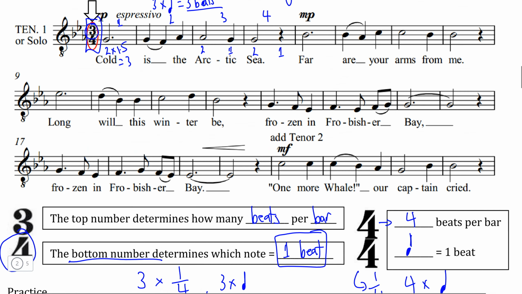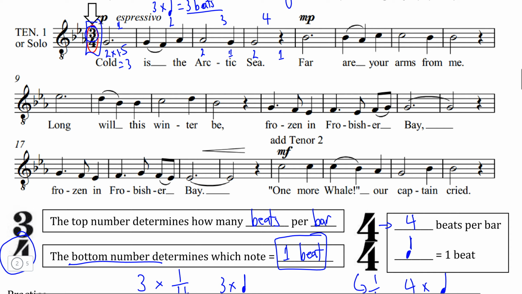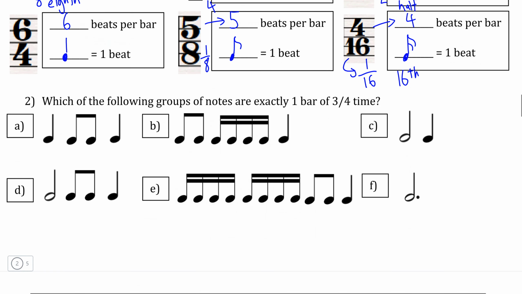Now, to practice your fluency of reading time signatures, you can take a look at the practice problems below, starting with number 2. So, taking a look at the durations of each of the individual groups of rhythms listed below, first see if you can identify which combination of rhythmic values add up to exactly 1 bar of 3/4 time.